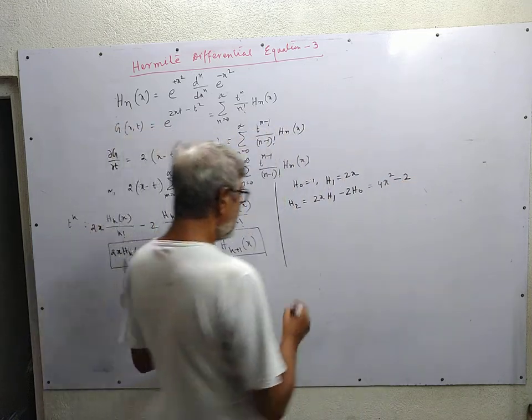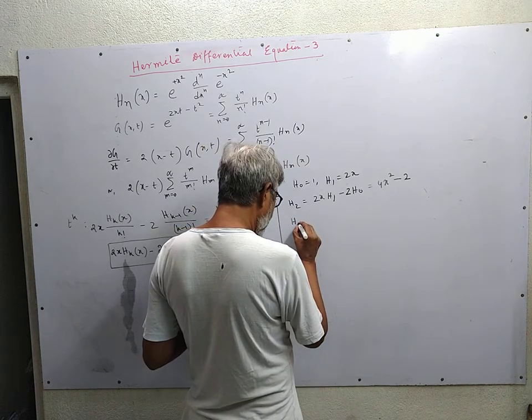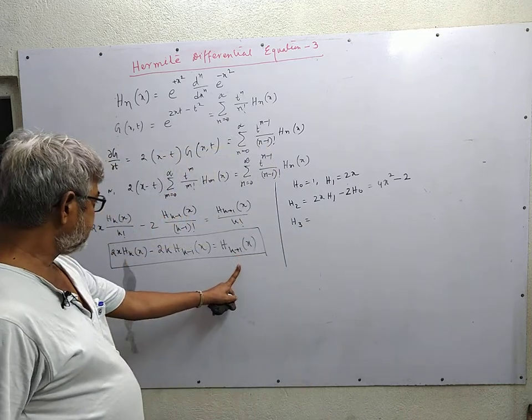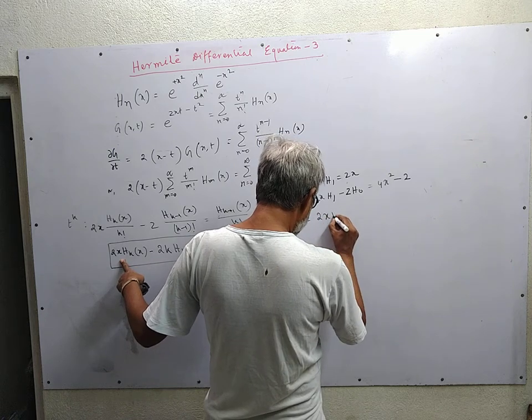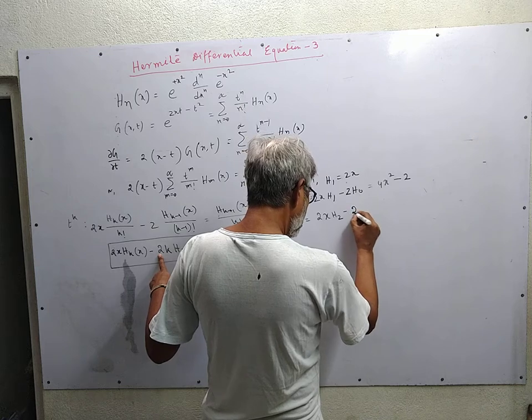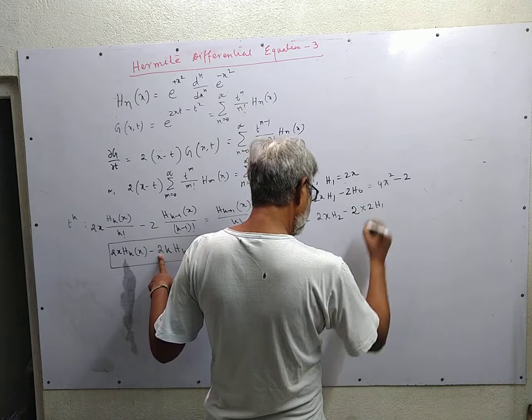We can use k is equal to 2 in this equation. So H3 is equal to twice x H2 minus 2 into 2 H1.